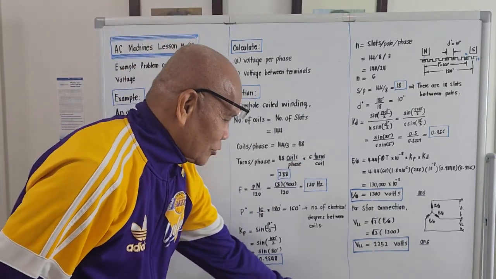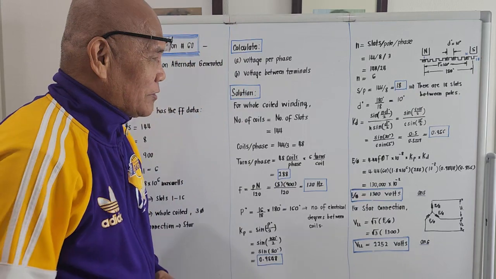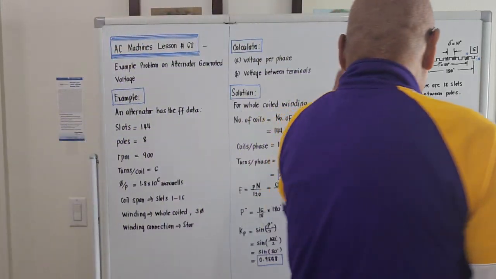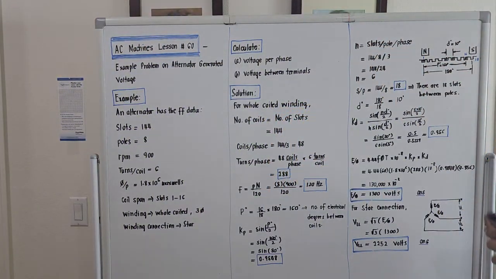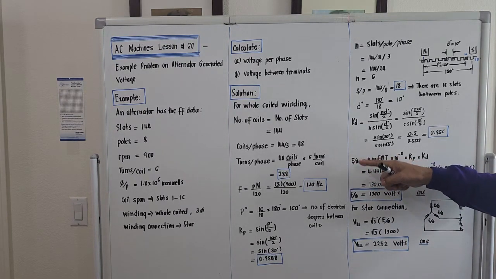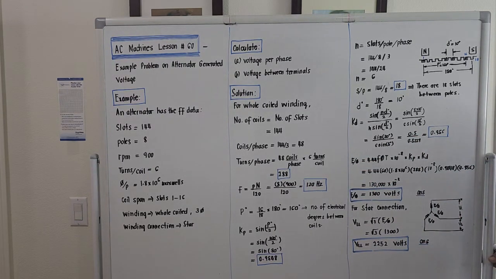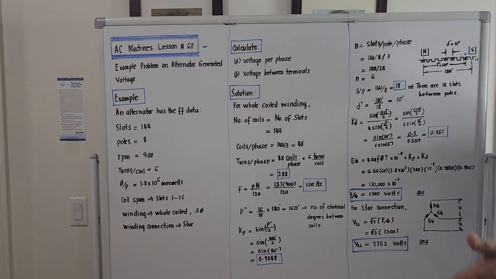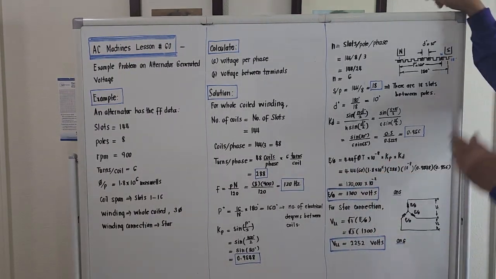There are so many factors. Because if we would try to bring out the formula on how to compute the generated voltage per phase, this formula is actually for designers of alternators, right?